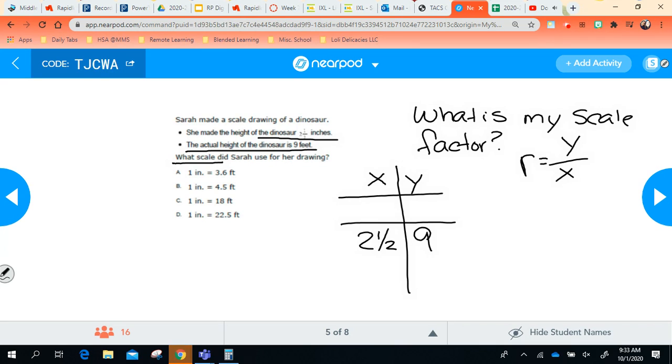So just like here, we have 1 inch equals. We're going to be looking for this to be 1, just like when we were doing our unit rate. So I can go ahead and take 9 divided by 2 and 1/2. So go ahead and do this in your head or your calculator.